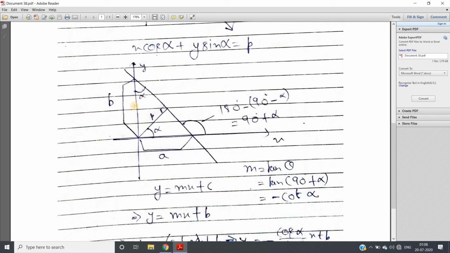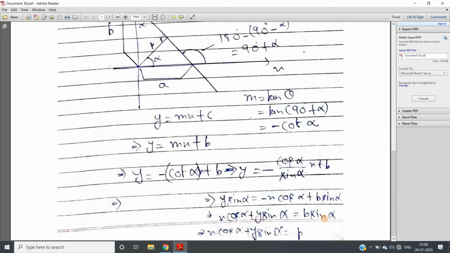So sin alpha equal to p by b, so we can say p equal to b sin alpha. So b sin alpha is nothing but this perpendicular, that is p. So we can replace b sin alpha by p, and we get x cos alpha plus y sin alpha equal to p. This is also called the normal form of a straight line.